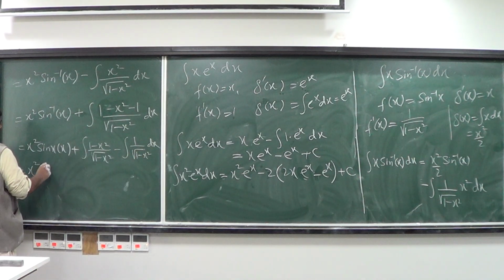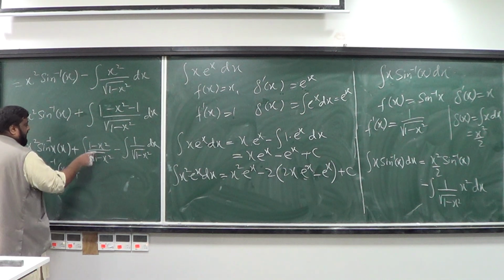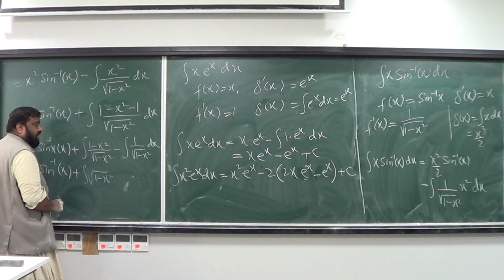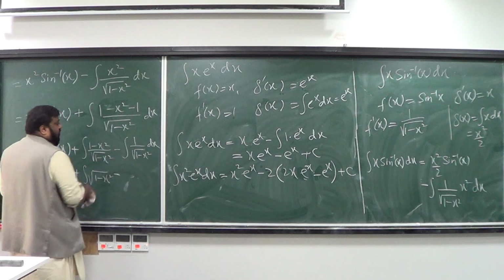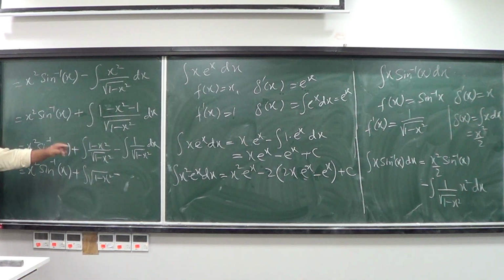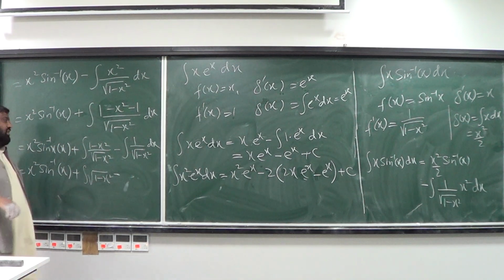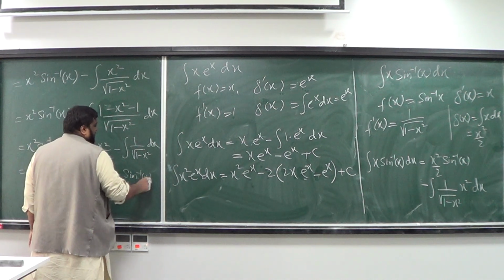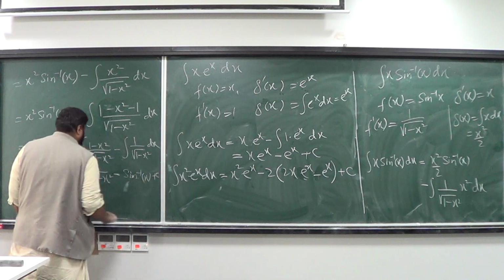This will become x squared sine inverse x plus, I can simplify this to be square root of 1 minus x squared minus, what is the function whose derivative is 1 over square root of 1 minus x squared? It's sine inverse x, so its antiderivative is really going to be sine inverse x plus constant.